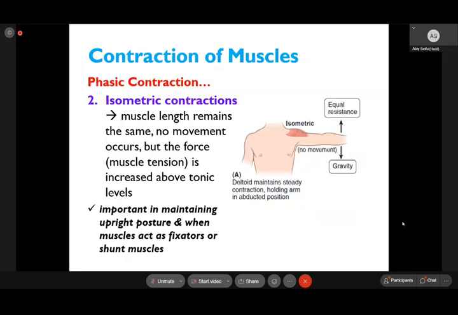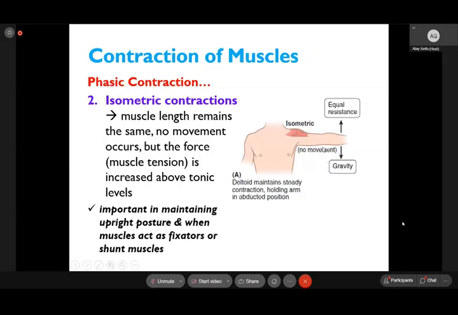The other contraction is isometric contraction. In such contractions, there is no movement at all, but the muscle is in a contracted state. The gravity and the force of contraction are equal, therefore there is no muscle movement.